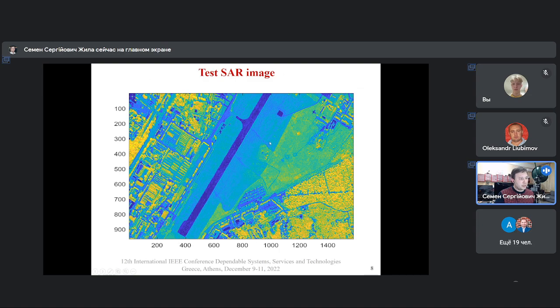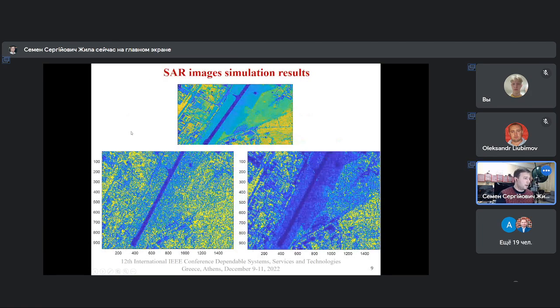For example, it's an airport, some airport in Kharkiv, not the main one. Here we created the image with classical synthetic aperture radar technology. And this one was created using this cognition, adapting the energy of the transmitted signal.